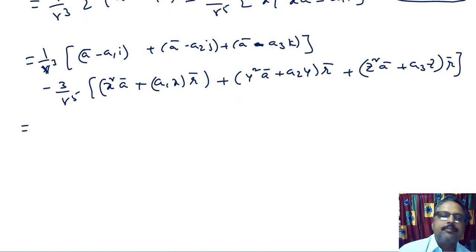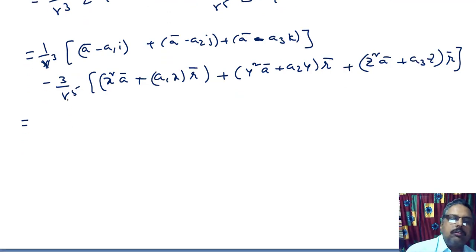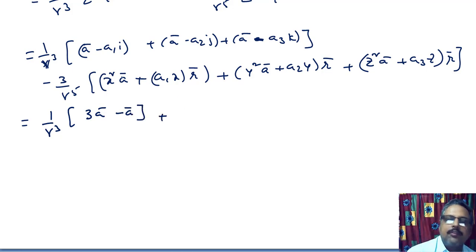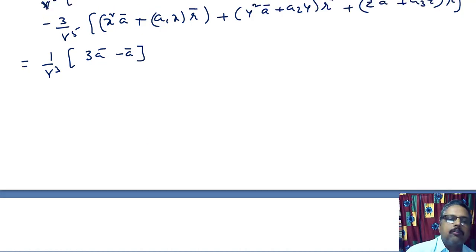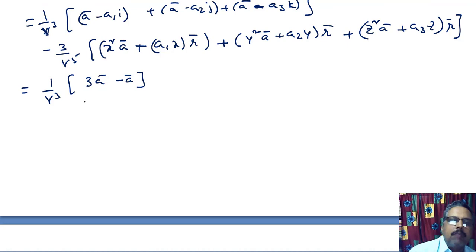Now simplification. Now this is 1 by r cube into 3a bar minus a1 i plus a2 j plus a3 k, which is nothing but a bar, minus 3 by r power 5 into, here x square, here y square, here z square, a bar into x square plus y square plus z square.